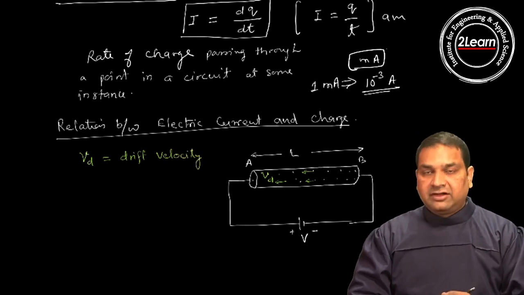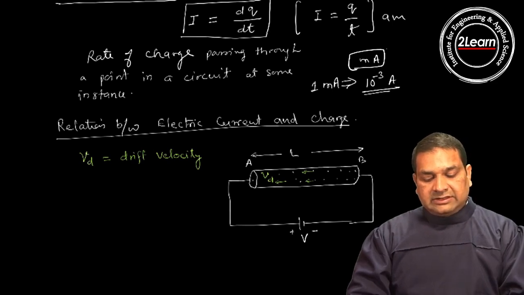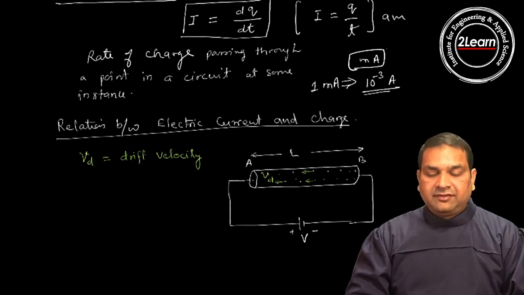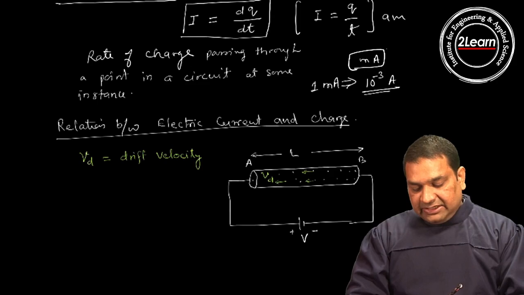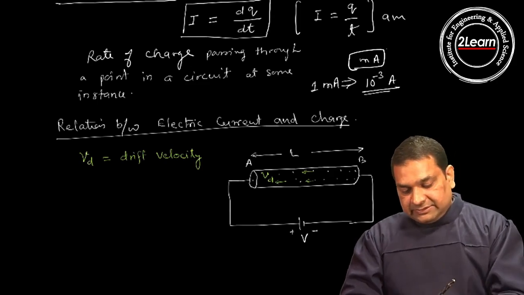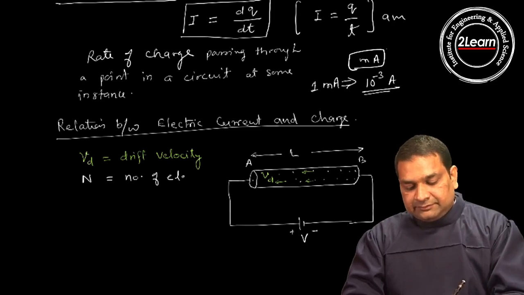So these electrons will move towards the A end with drift velocity Vd. The length of the conductor is L. Suppose there are n number of electrons inside this conductor.